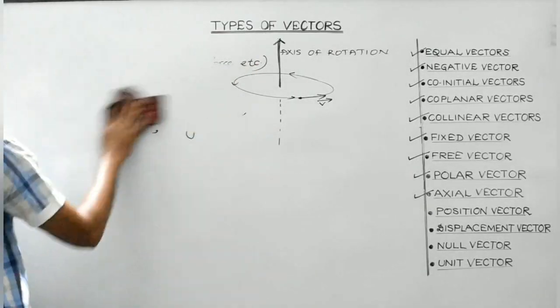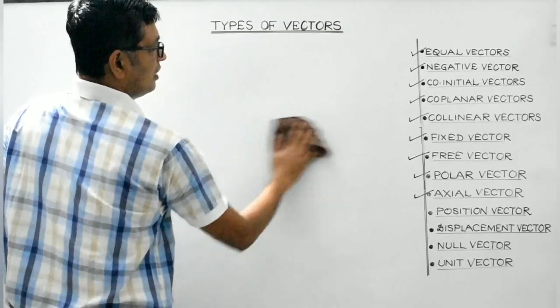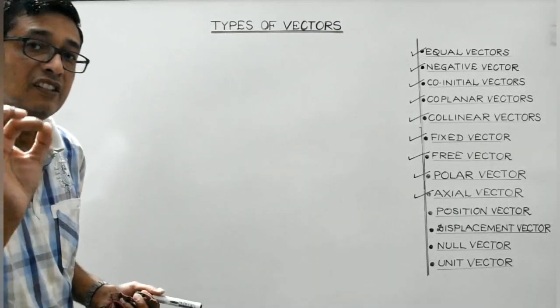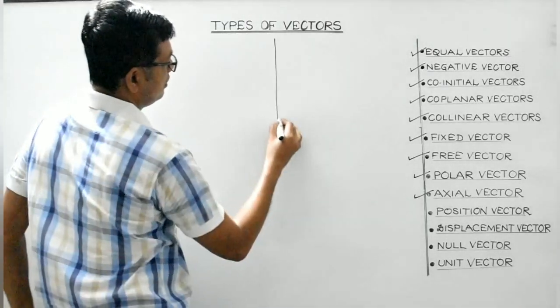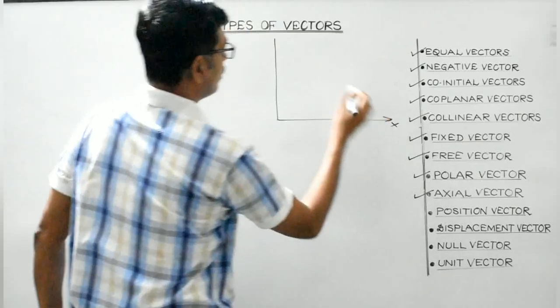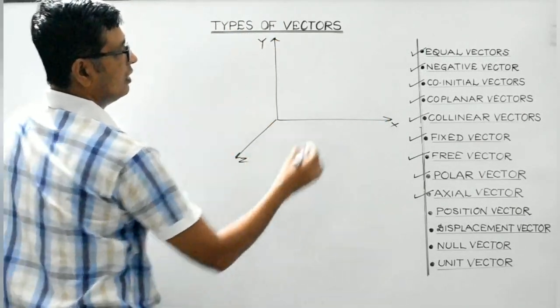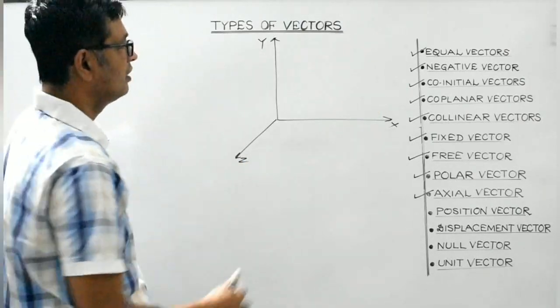Now, as the term suggests, position vector is a vector which represents the position of a moving body with respect to the origin. Suppose this is x coordinate, this is y coordinate, and this may be z coordinate. Suppose the body is moving in space in 2D or in 3D.